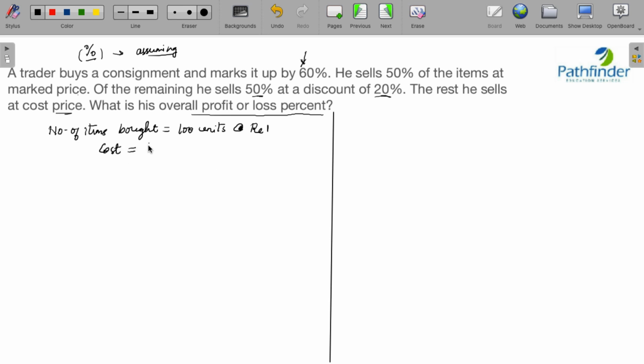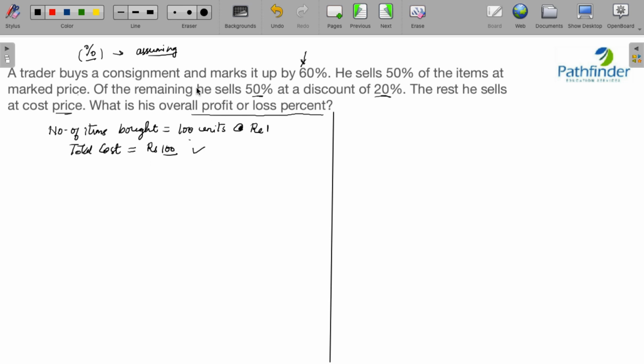What is the total cost? 100 into 1, 100 rupees. So in order to calculate profit or loss percent, you need both total cost and the total revenue. One of the values you've already calculated, that is the total cost.